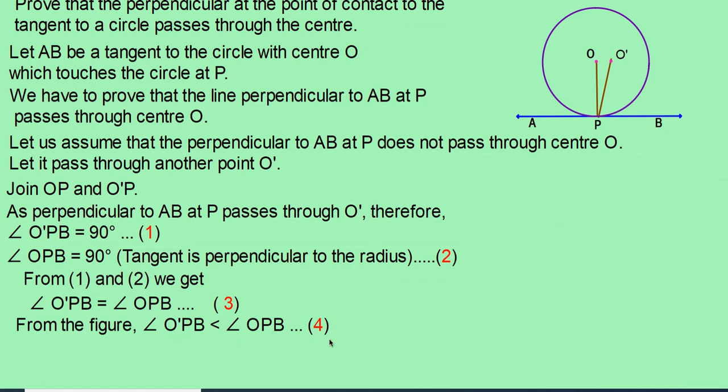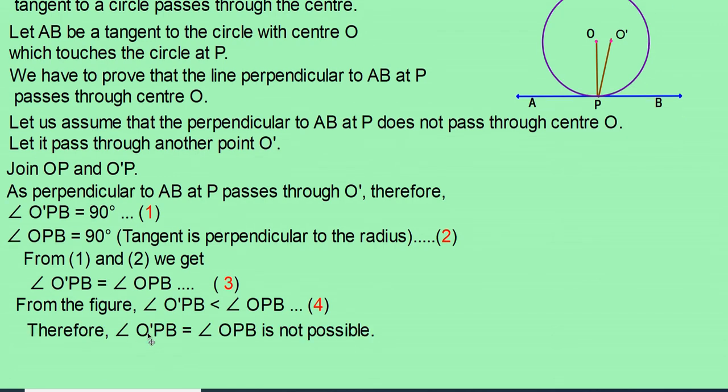Let it be equation 4. Now, is angle O dash PB possible to be equal to angle OPB? It is not. So we can write angle O dash PB equal to angle OPB, that is equation number 3, is not possible.